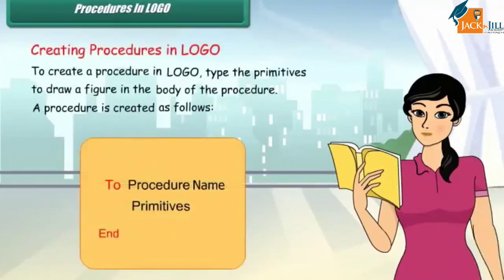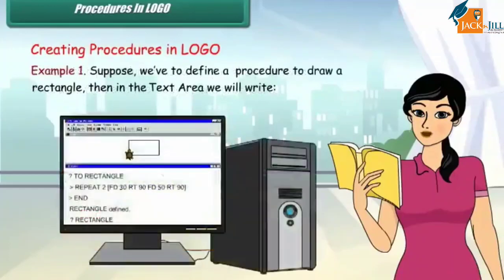Creating procedures in Logo. To create a procedure in Logo, type the primitives to draw a figure in the body of the procedure. A procedure is created as follows: TO procedure name, primitives, END. Example 1. Suppose we have to define a procedure to draw a rectangle.